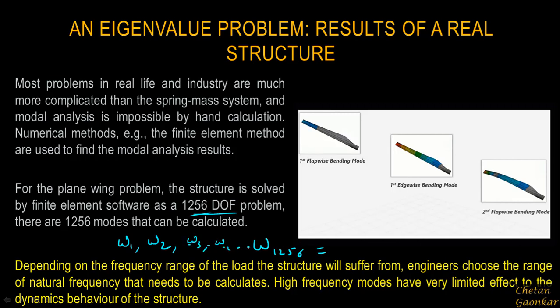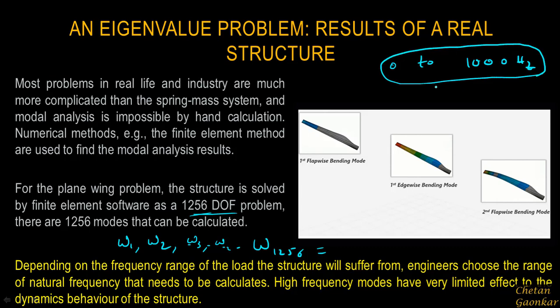Now that totally depends upon to what excitation frequency this structure will be subjected to. Suppose this structure will be subjected to up to 0 to 1000 hertz frequency. The excitation frequency can range within these limits from 0 to 1000 hertz.